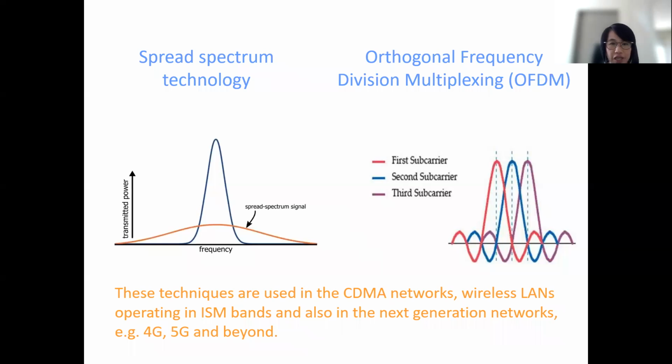All right, so these two are just a representation of the spectrum of these two technologies. So if you see here, okay, this is the spread spectrum technology. Actually, if we don't use this, we just use modulation, we can calculate bandwidth, right? You can refer back to the previous handout. For every modulation technique, you can calculate bandwidth. Okay.